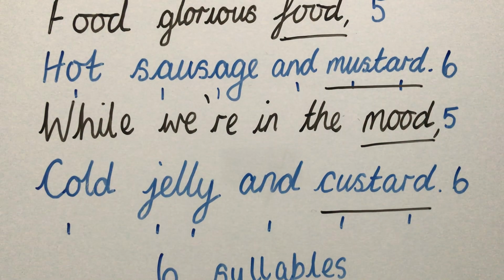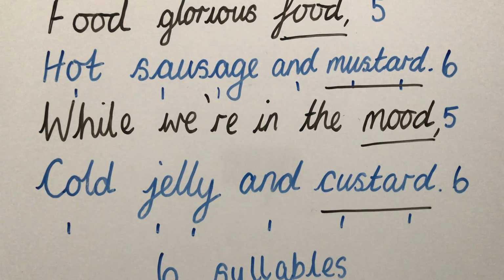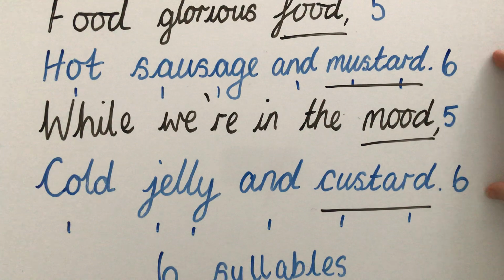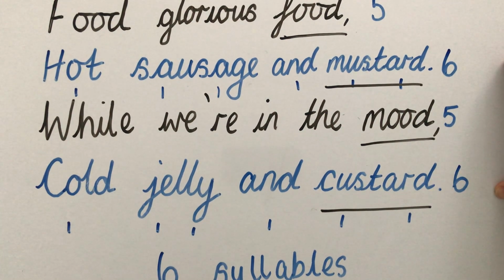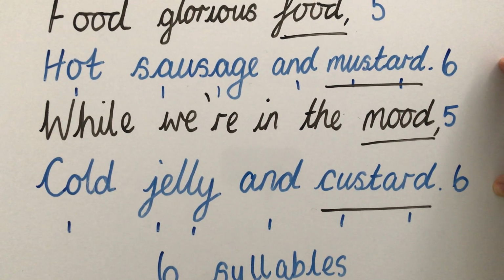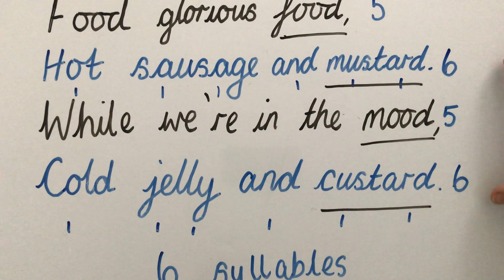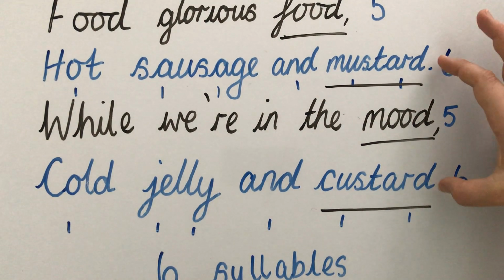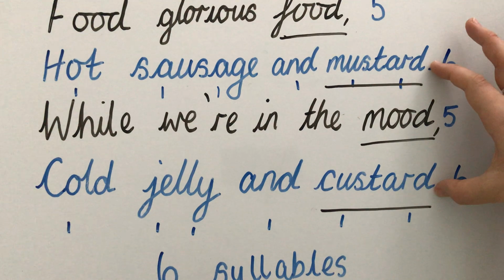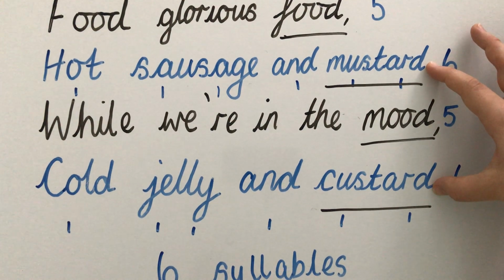So we also need to remember, whilst we're changing our 2 lines that are in colour or in bold if you're working off the paper sheets, that our last words need to rhyme. They need to be a rhyming pair.